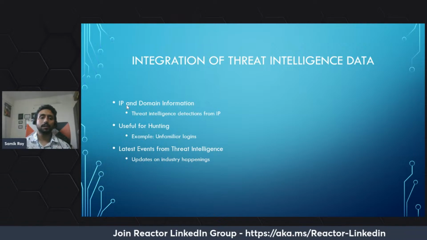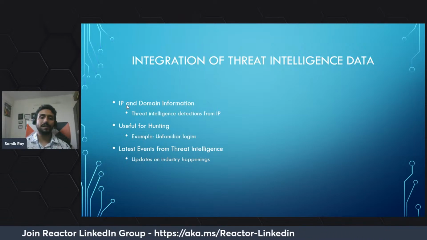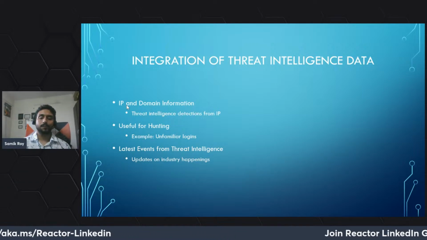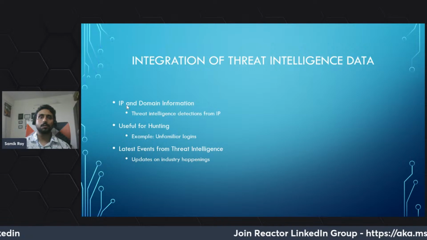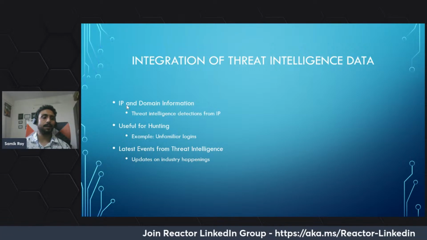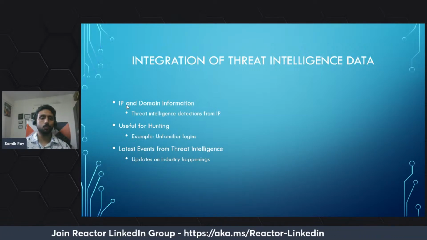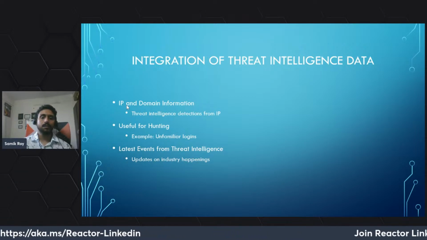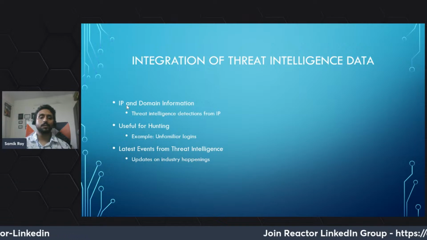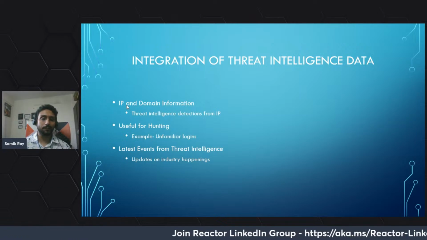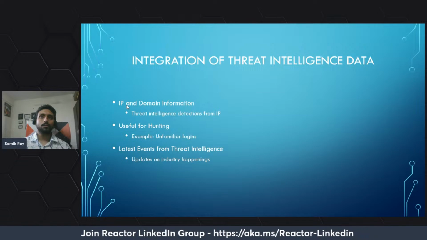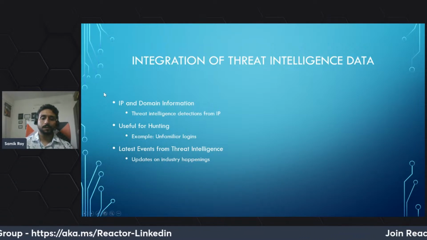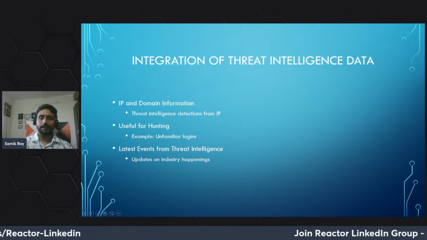So even if you are investigating something with Copilot for Security, and you give that IP, and that IP had some latest happenings in the industry, maybe it has been picked up as a Tor IP address, or as a C2C source, something like that, it's going to figure it out and tell you. So with this integration, it is not only helping you build efficiency and reduce your time, it also tells you what the latest is and how you can be aware of it. That's about integrating this.